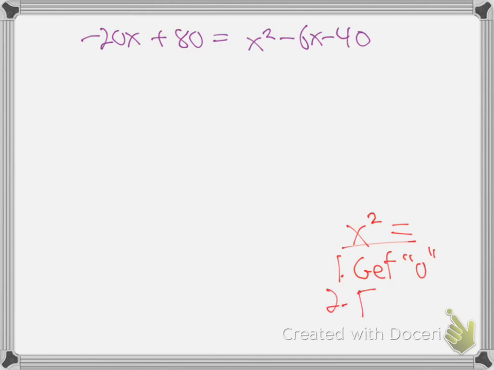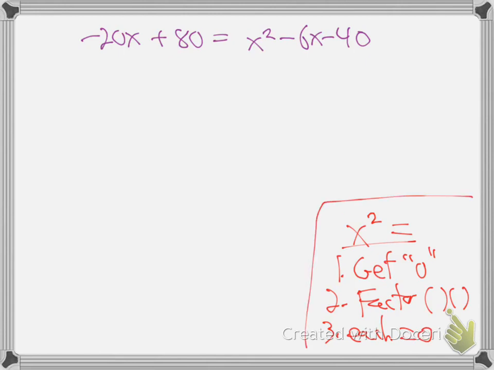Step two, factor, with the parentheses. Step three, each one equals 0. So that's what you want to do whenever x squared shows up on the scene, when x squared rears its ugly head all of a sudden in the middle of the problem.